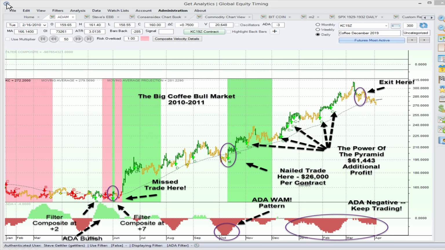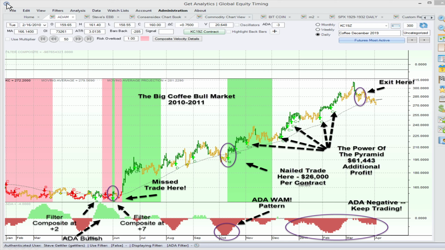Here, though, is where we were able to get really positive. Why? Well, we had an ADA wham pattern. What happened was an extreme sell-off, which caused ADA to go extremely negative, and this is an unusual pattern in that when ADA goes extremely negative, it means the market is extremely oversold.